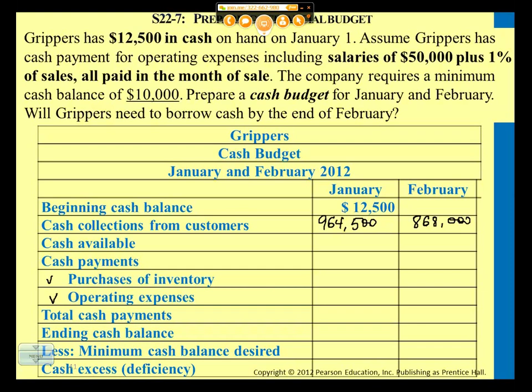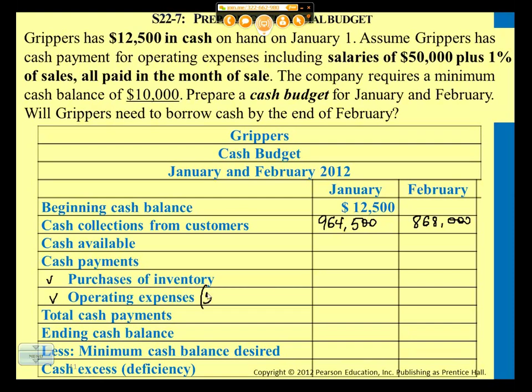Where am I putting my $12,500 in cash on hand? Oh, we have it. Sorry, wanted to quiz you. All right. What about salaries? Where are we going to put it? Okay. So what is it going to be?